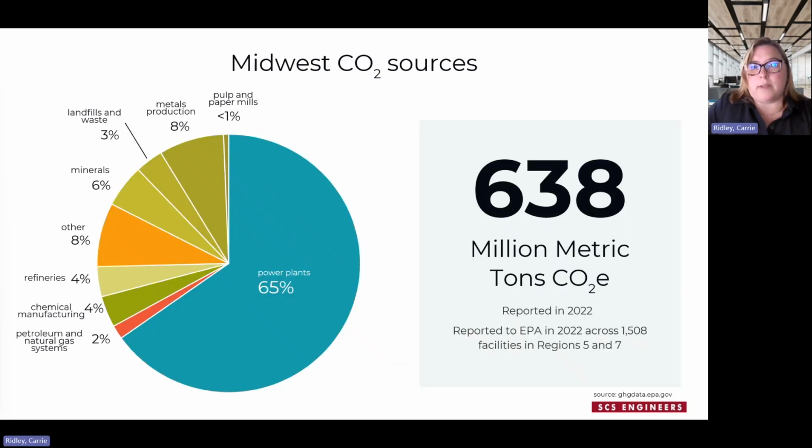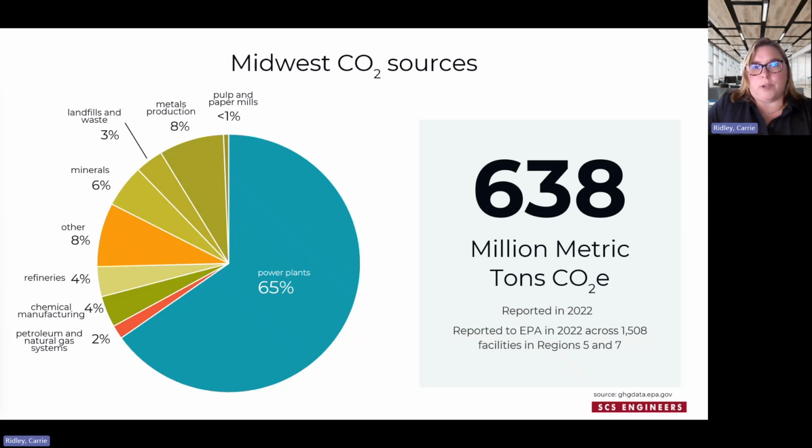Looking directly at the Midwest, specifically EPA regions 5 and 7, the Midwest obviously has a much lower volume than the US overall of CO2 emissions, but a higher percentage comes from power plants, which is generally a harder CO2 stream to treat when it comes to sequestration.